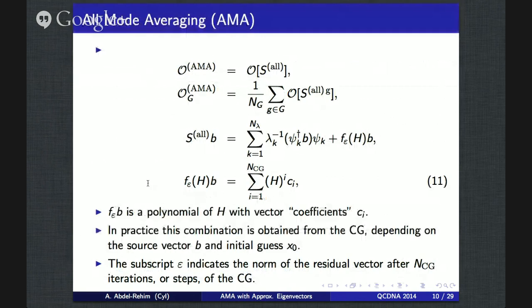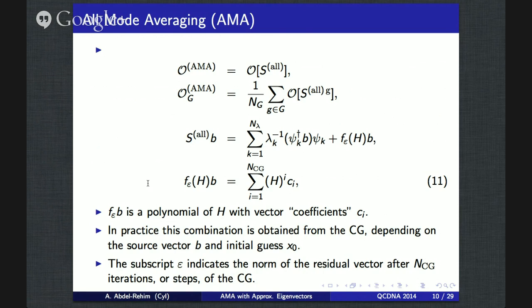So the idea of all mode averaging is the following: your propagator is built out of two pieces. The first piece is again the low eigenmodes of the Dirac operator computed to a high precision. That is the first part. And the high modes of the Dirac operator are approximated by a polynomial of the Dirac operator itself. So this is what we call all mode averaging.